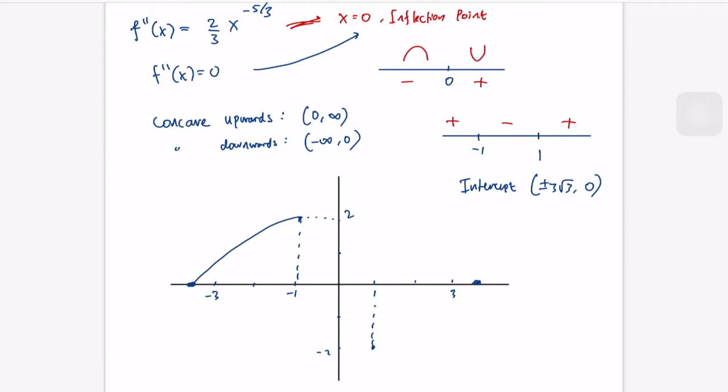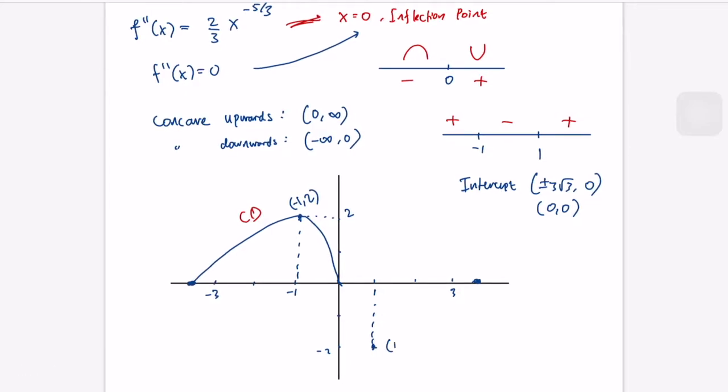Probably like that, and then we need to cross the 0, 0 to get the inflection point. So this will be making the concave downwards like that, concave downwards, right? This will be the maximum point, the negative 1, 2. This will be also 1, 2.